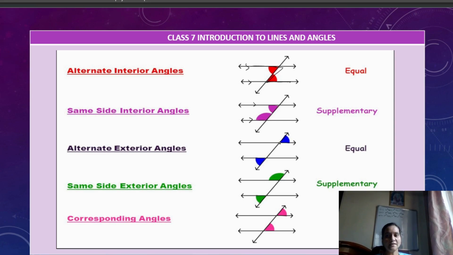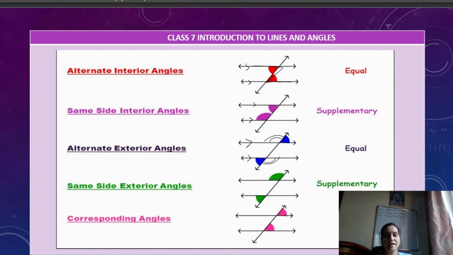Then alternate exterior angles, the angles which lie opposite to each other like this and outside, not in between the transversal and the pair of lines, they are equal, provided again that these set of lines are parallel to each other. Very important, if the lines are parallel, then the alternate exterior angles which lie like this, or suppose they lie like this, will be equal in measure.